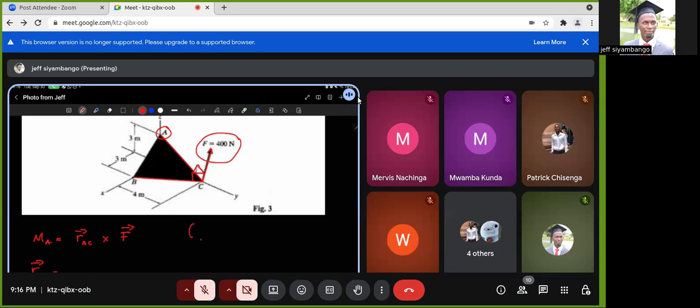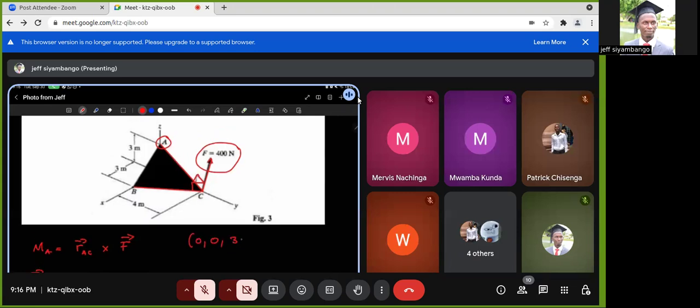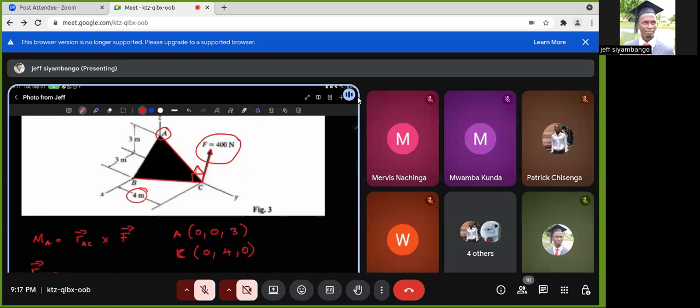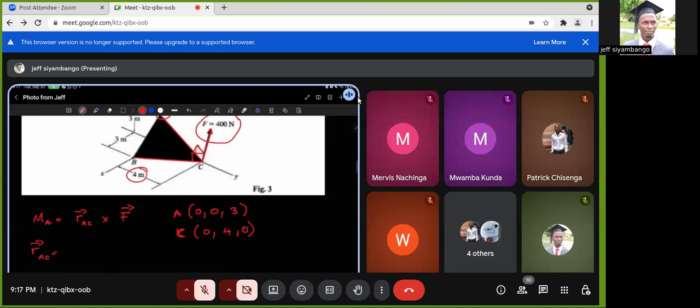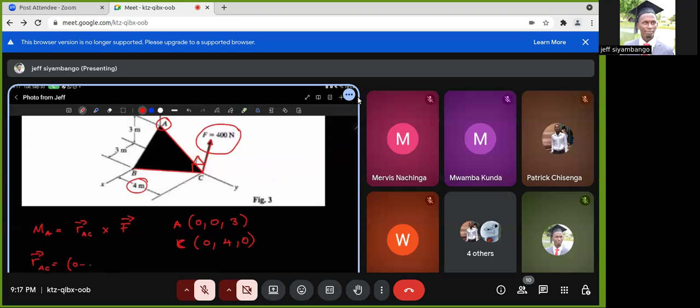Which is what? We have the x-axis, the y-axis, the z-axis, and we look at x, y, and z, first of all.